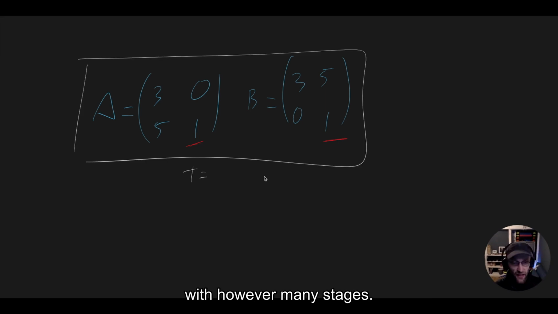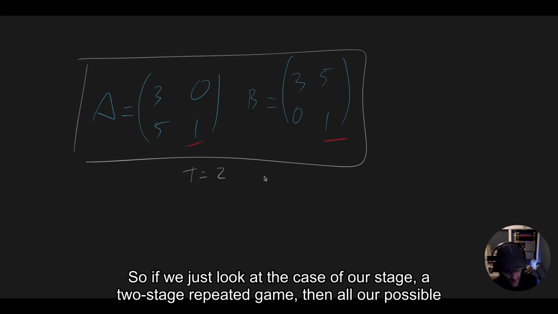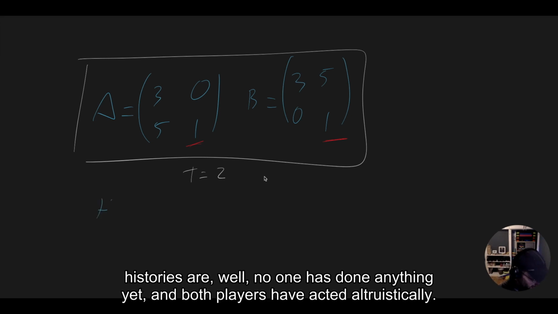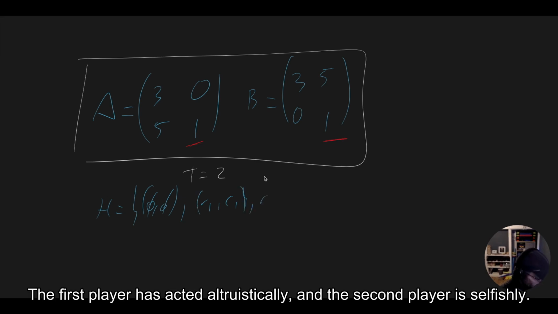with however many stages. So if we just look at the case of a two-stage repeated game, then all our possible histories are, well, no one has done anything yet, and both players have acted altruistically. The first player has acted altruistically, and the second player selfishly.